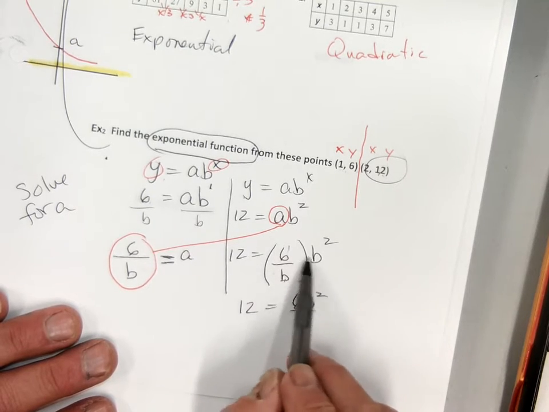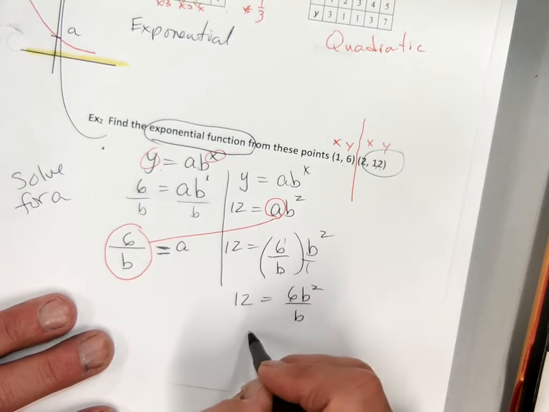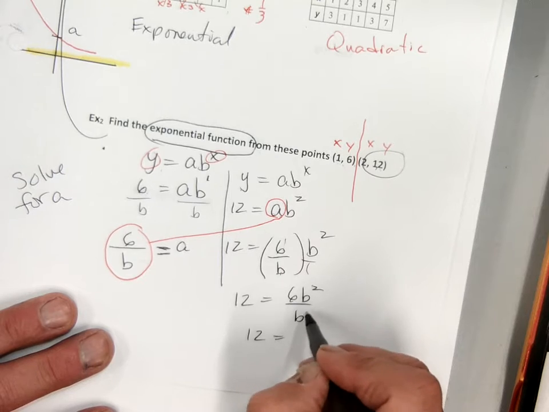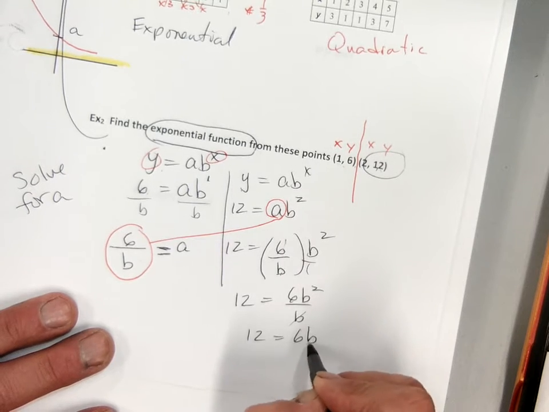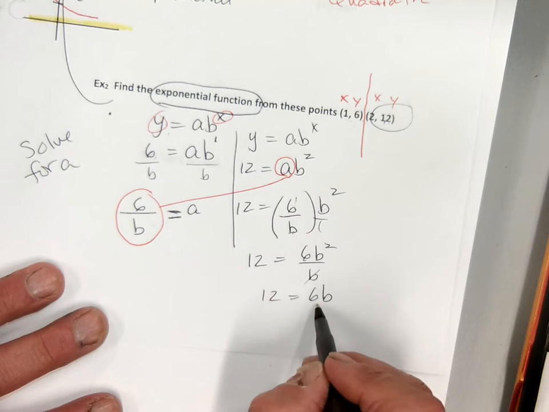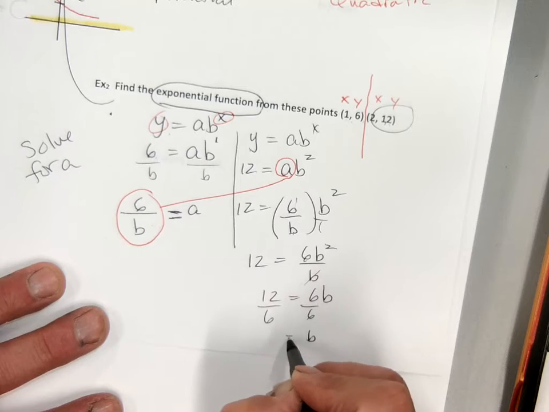Then a b will cancel with a b, and I'll have 12 is equal to 6b, because b cancels. Oh, now it gets easy, right? Solve for b, divide by 6, and I have b is equal to 2.